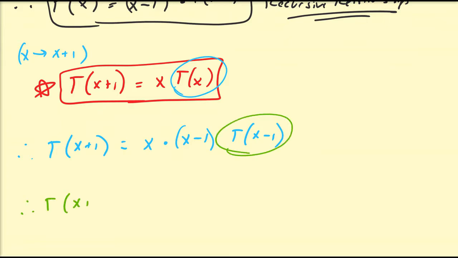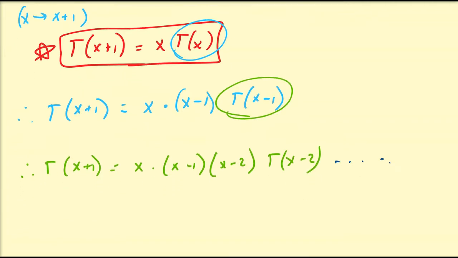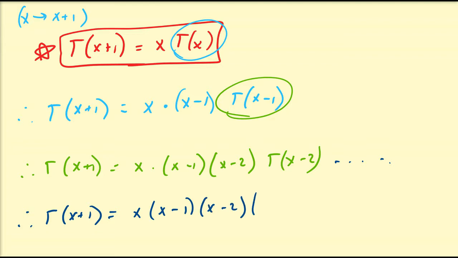So we can say gamma of x plus 1 is equal to x times x minus 1 times x minus 2 times gamma of x minus 2. And we can continue this downwards. So that means gamma of x plus 1 equals x times x minus 1 times x minus 2 times x minus 3 downwards.